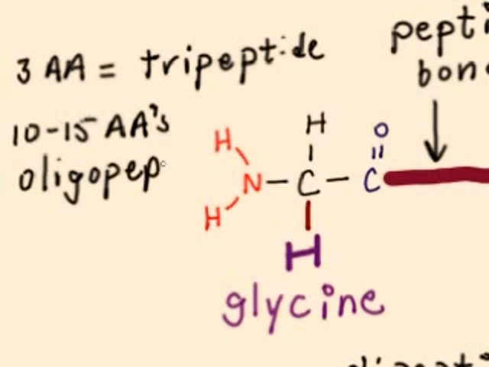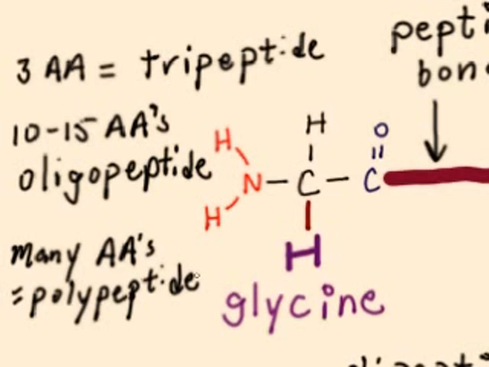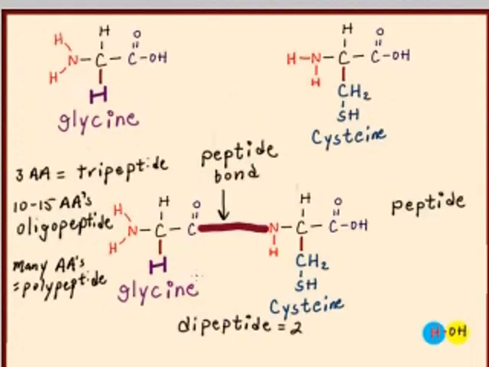And if we have a structure that's made up of many amino acids, like a protein, we call this a polypeptide. And we'll talk about this more in later slides.